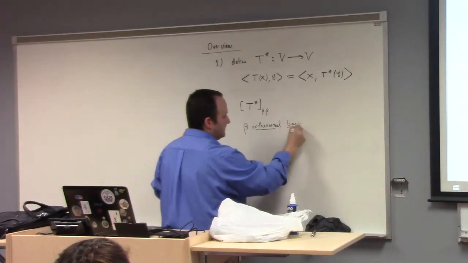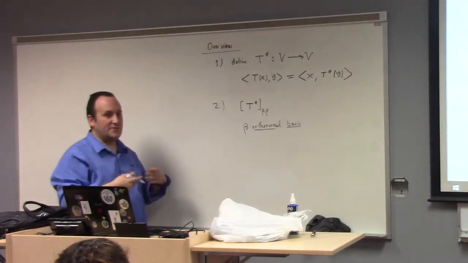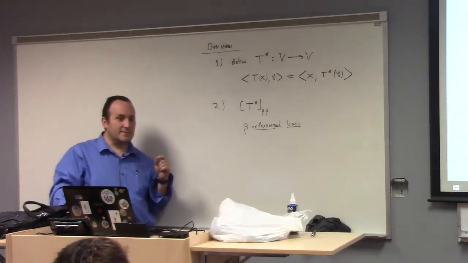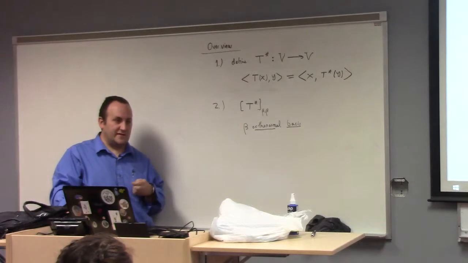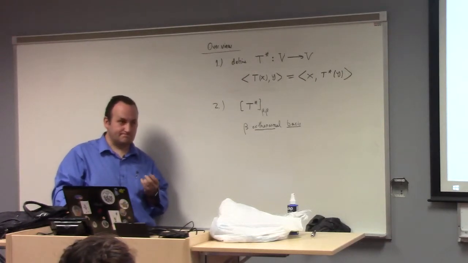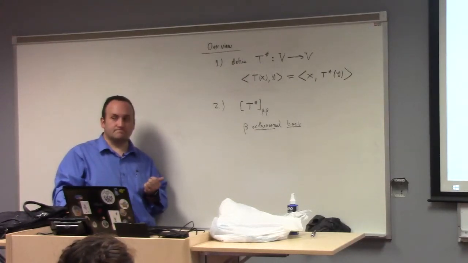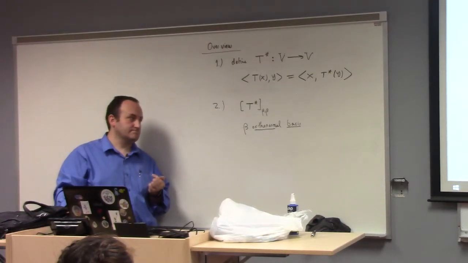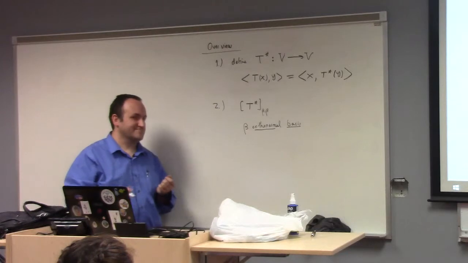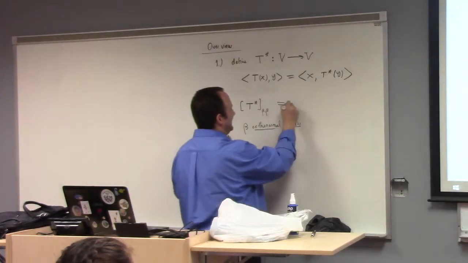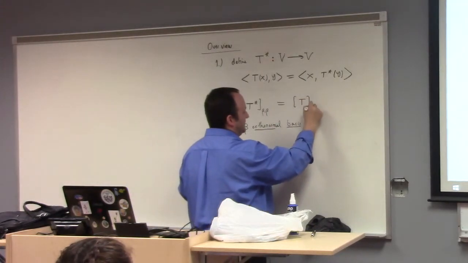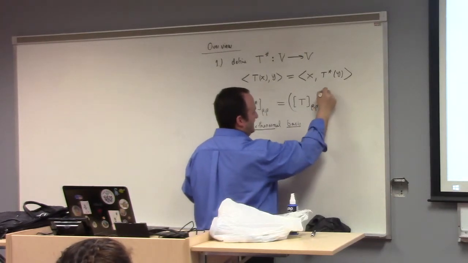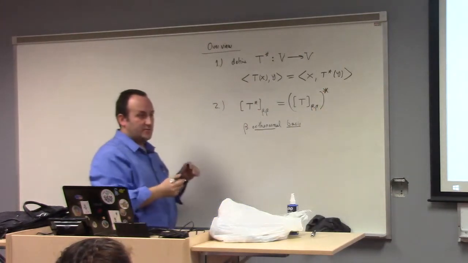If beta is an orthonormal basis, what do you think the matrix of the adjoint is going to be? If there's any notational justice, what does it have to be? It's the matrix of T with respect to the beta basis, star. Yes, that is true.